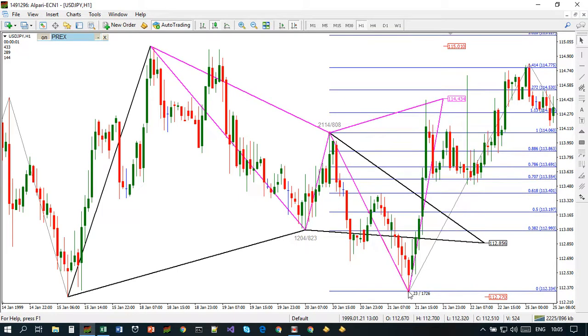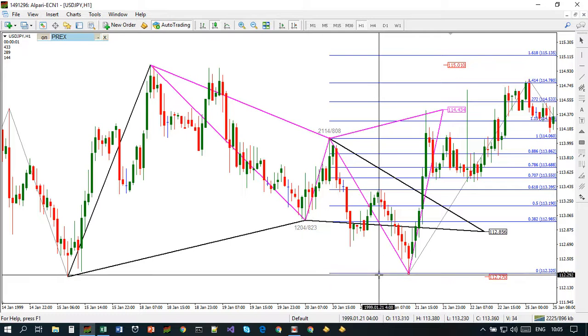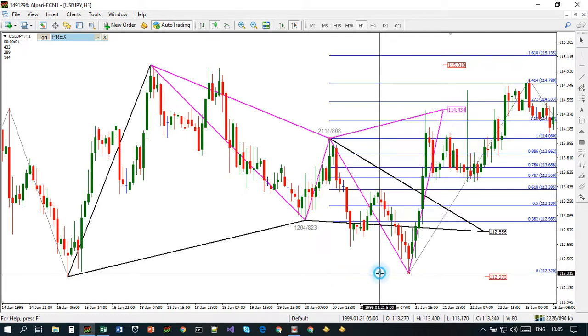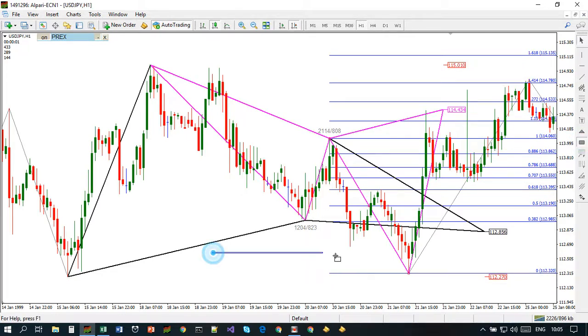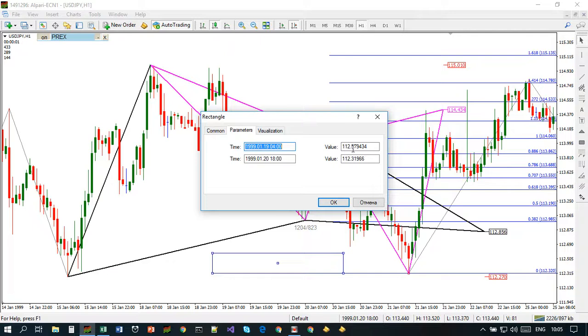What we need to do, we need to stretch fibs to the price section, then we add additional distance. Okay, let me type it this way, 514 and 40.